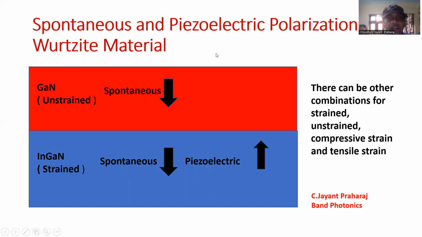And the other thing is that what we have discussed is typically for the 0001 axis of these semiconductors, but there can be other kinds of growth planes. For example, one can have what is called the 11-22 plane, etc. And we can have non-polar growth planes in this wurtzite structure as well.